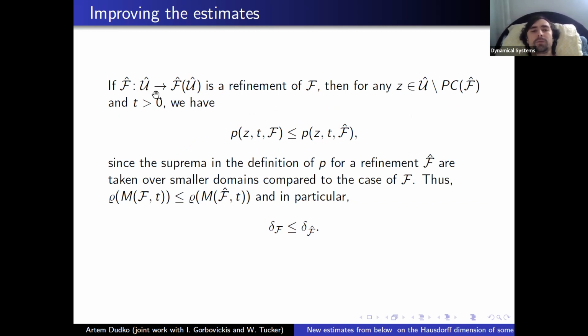To improve bounds, we can take refinements of systems. Refinement just means that we have a subdivision of the initial partition and restrictions of the corresponding maps.